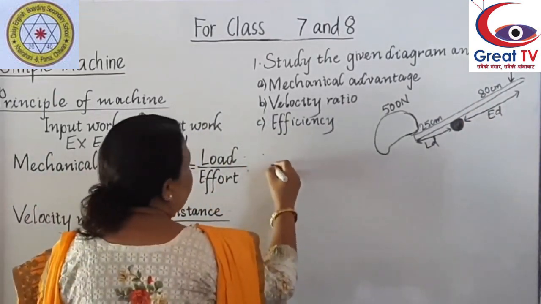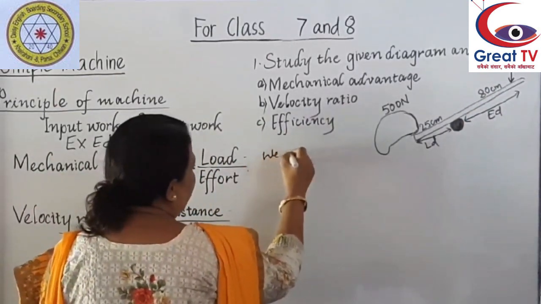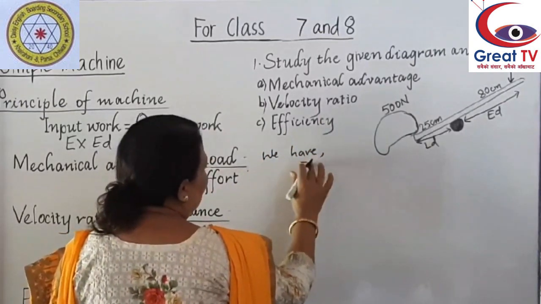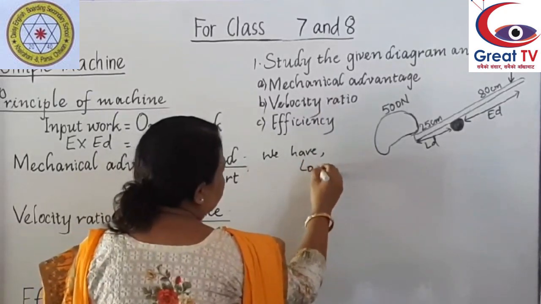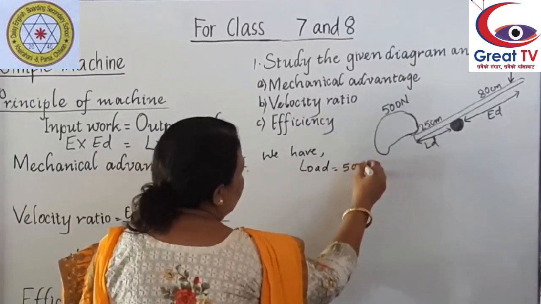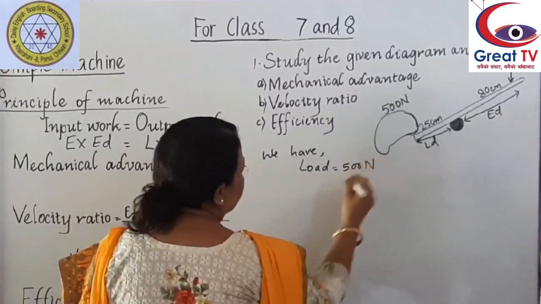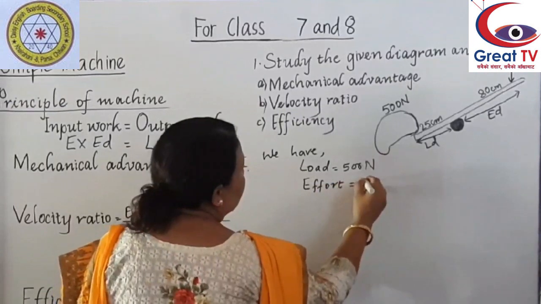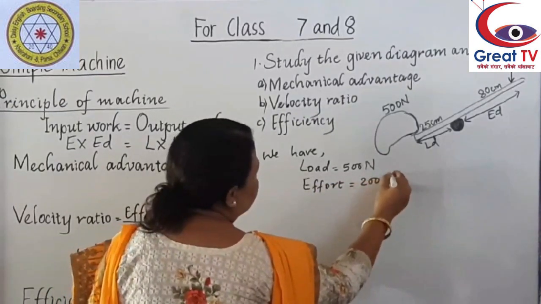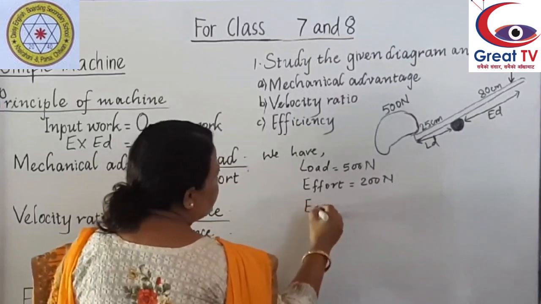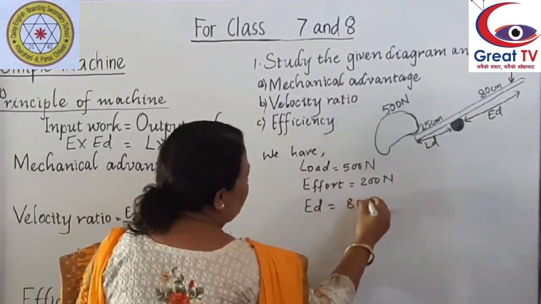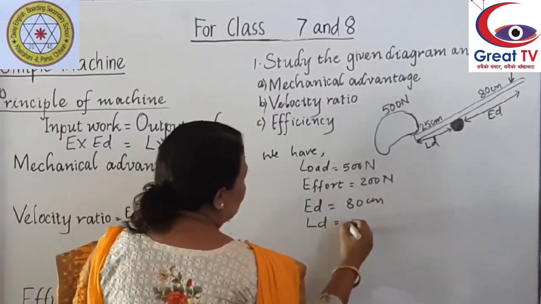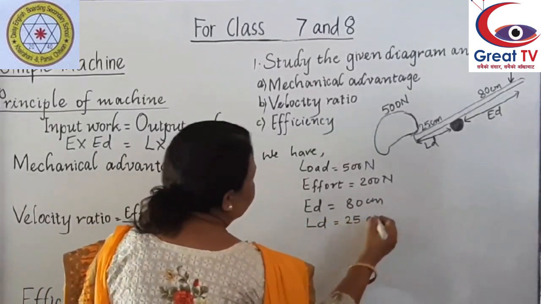To find, first we write: load is equal to 500 Newton, effort is equal to 200 Newton, effort distance is equal to 80 cm, load distance is equal to 25 cm.